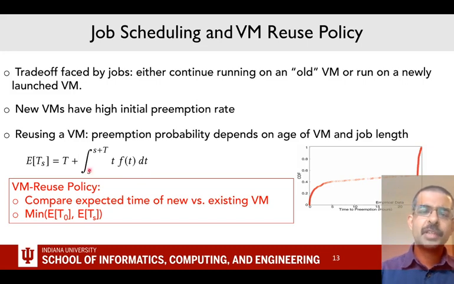Small s is the current age of the VM, right? How long the VM has been running for. So we compute this value for two values of s, the current age, E of T of s, and for a new VM for that particular job, so E of T of 0. And whichever case yields the lowest expected running time, we pick that scheduling decision.